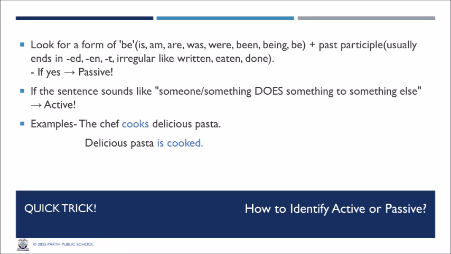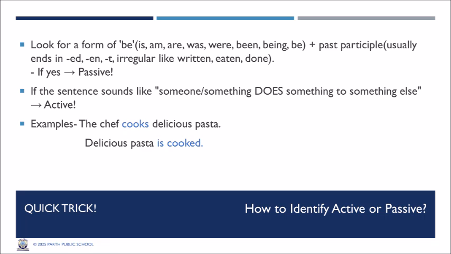Correct? You may find some sentences that have "by" in them. That is also passive voice. But the usage of "by" is not necessary. We can skip it at times. Right? And if the sentence is simple, meaning the subject does the action, it is active voice.